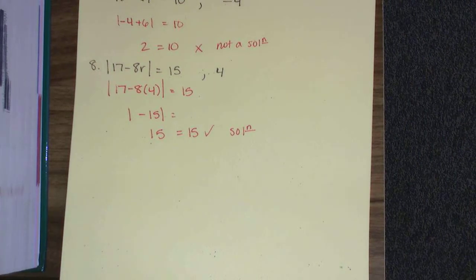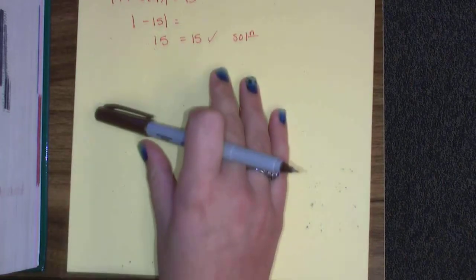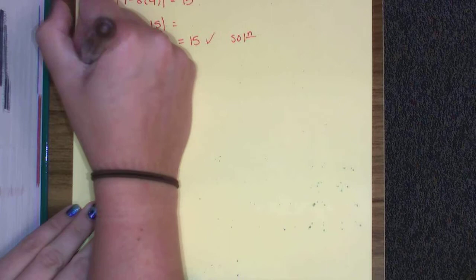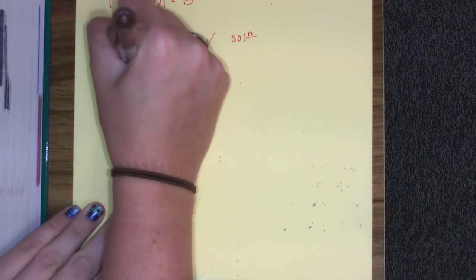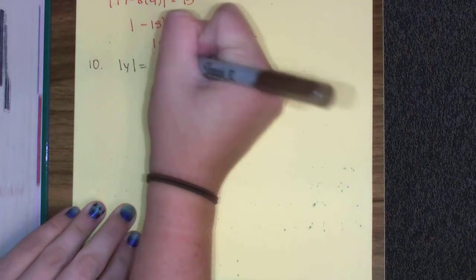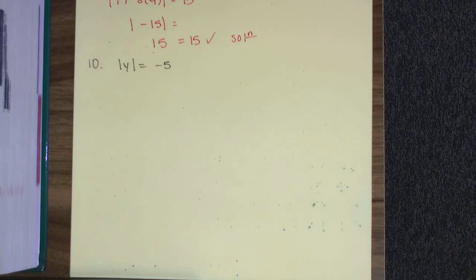For the next ones, they say to solve the equation and graph the solution. We're not going to do the graph the solution part, but we are going to solve them. So number 10, the absolute value of y is equal to -5. What is y?